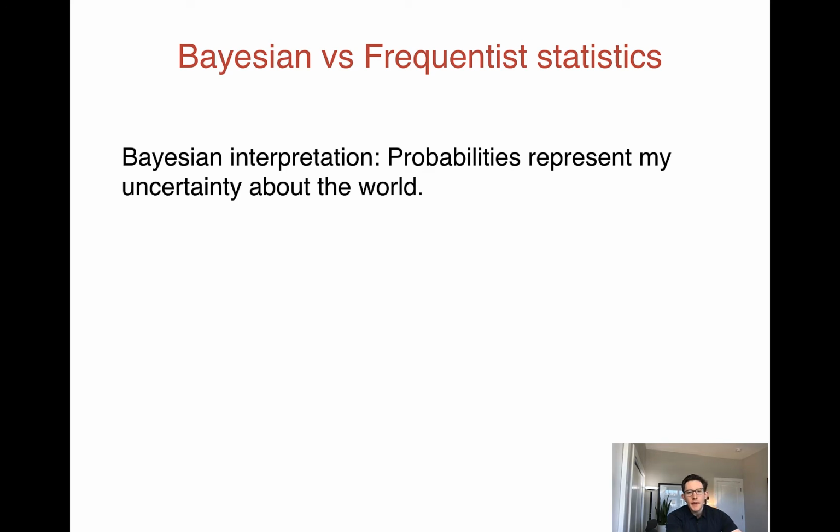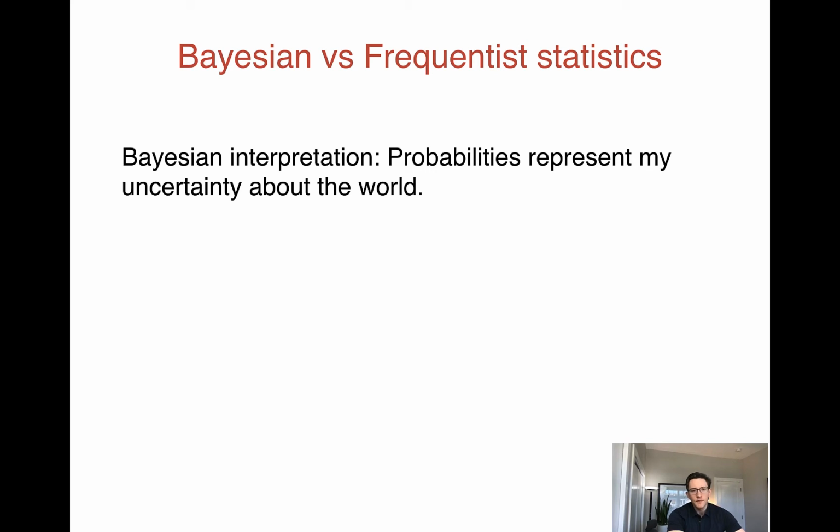So a Bayesian interpretation of probability says that when I write probability of x equals 1, that probability represents my personal uncertainty about the world based on the knowledge that I have.